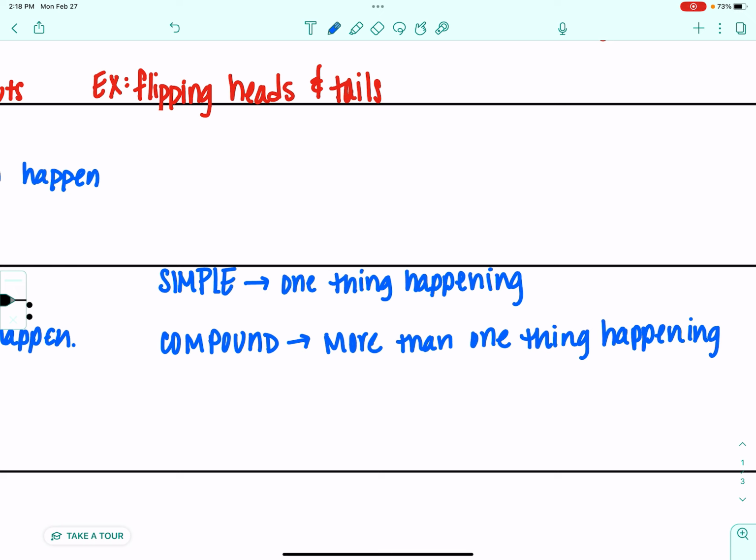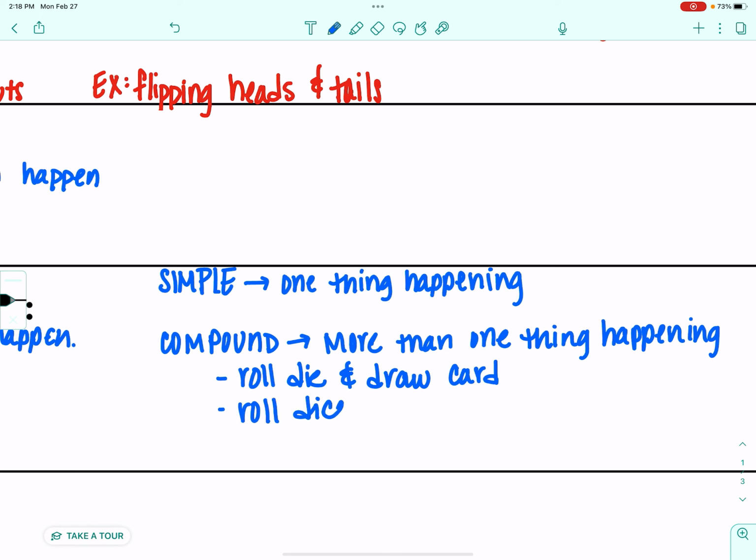So maybe we want to roll a die and draw a card. Or maybe we roll 2 dice and we want the probability of heads on one and tails on the other. That would be compound probability.